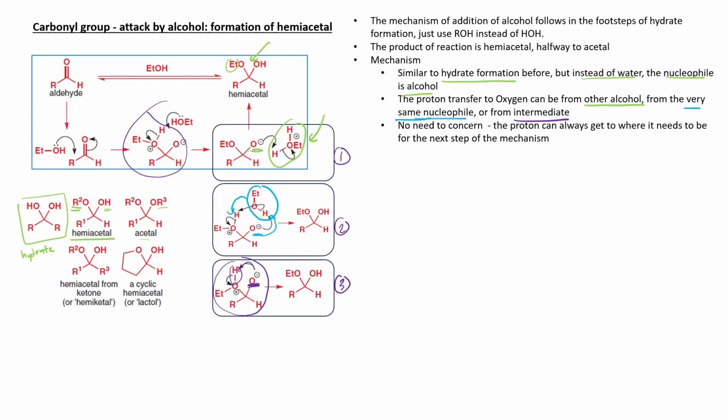Which hydrogen this oxyanion takes, we don't know, and there's no need to be concerned about that. The proton can always get where it needs to be for the next step of the mechanism. So it doesn't matter where this oxyanion takes the proton. What's more important is the addition part. They will take any available hydrogen, the available proton.